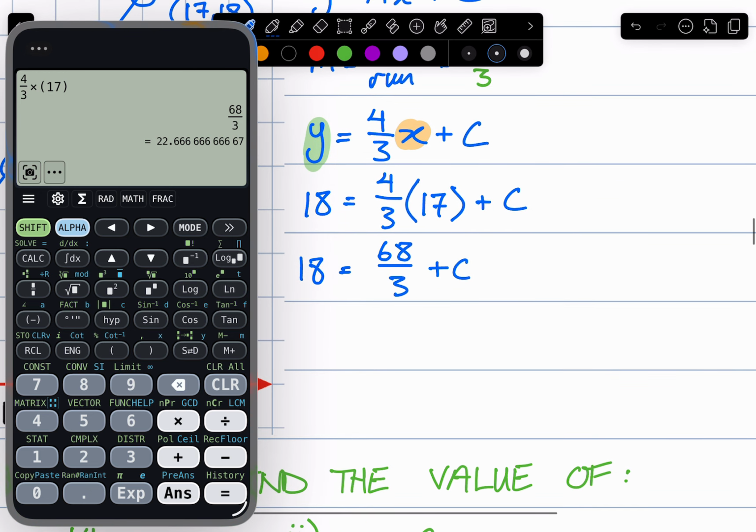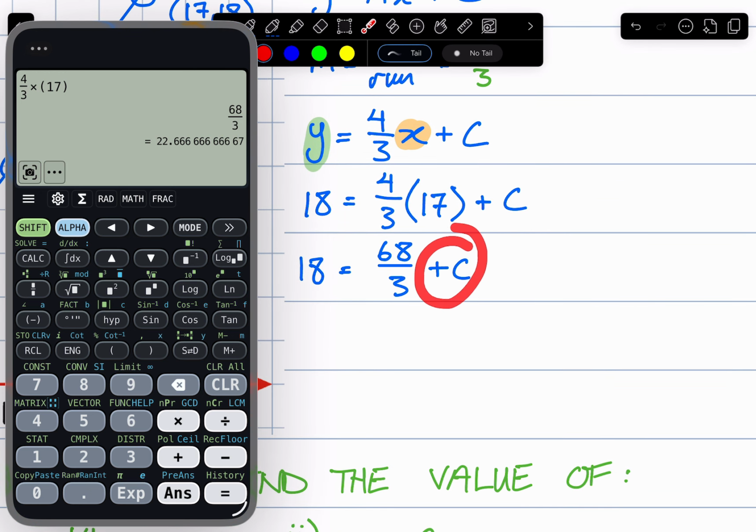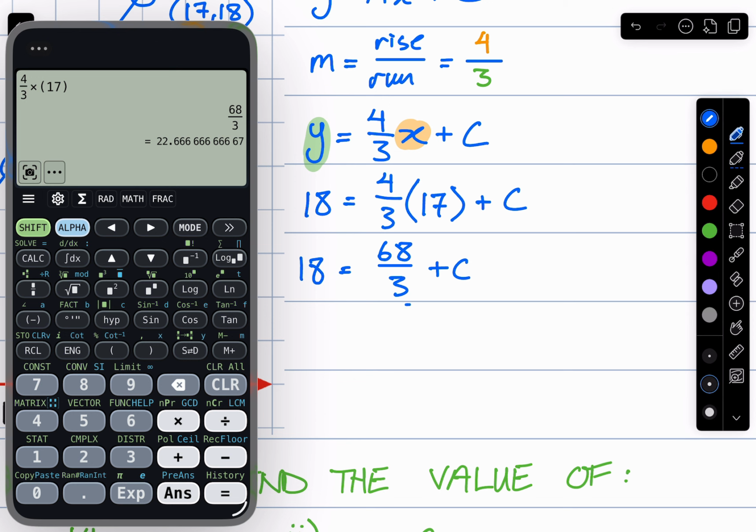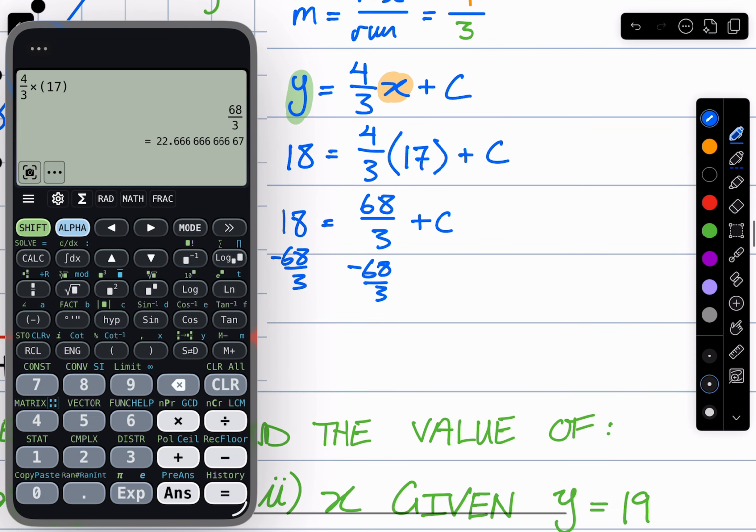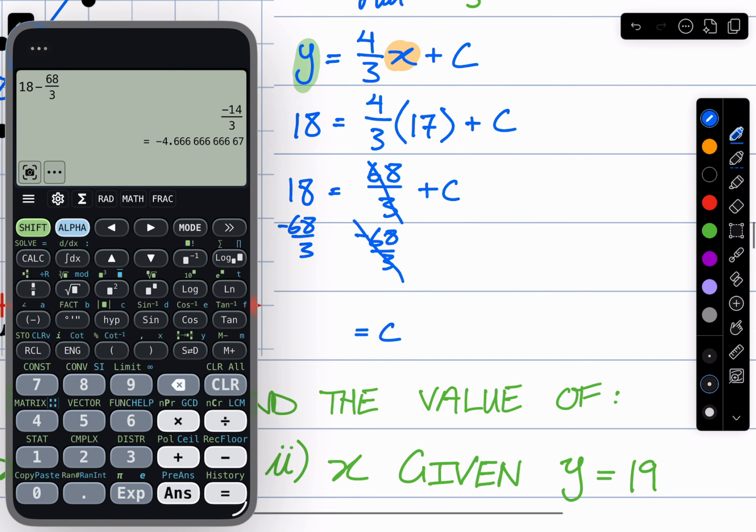And then from here, to find c on its own, we need to subtract 68 on 3 from both sides, so these two cancel out, leaving c by itself. We're now finding the answer to 18 minus 68 on 3. That gives us negative 14 on 3.